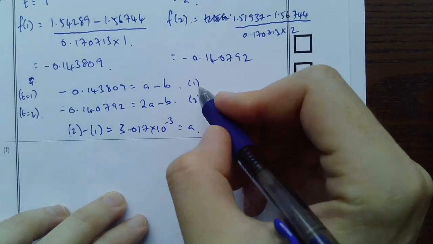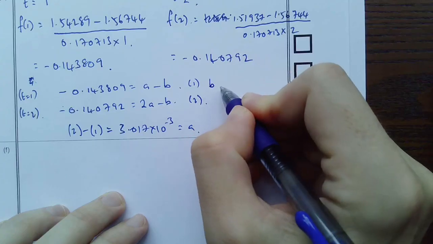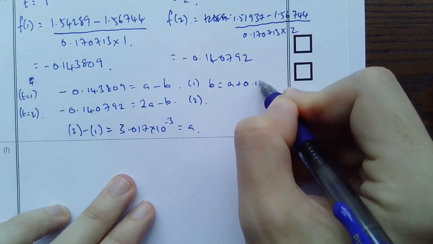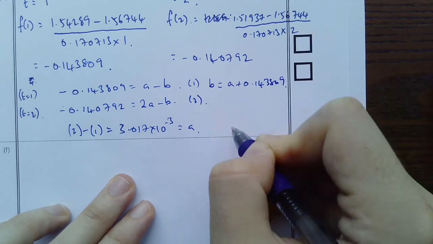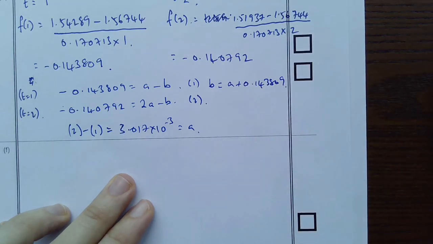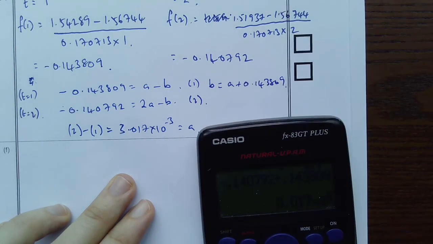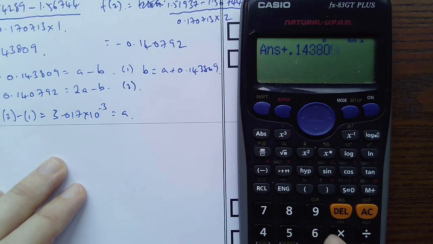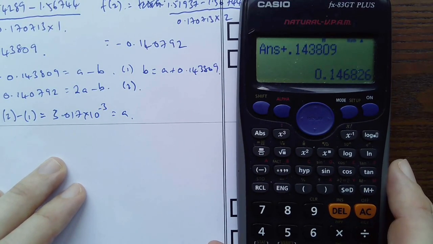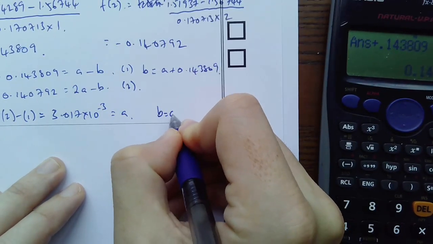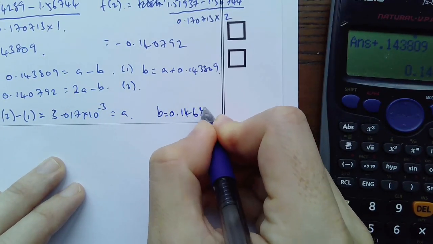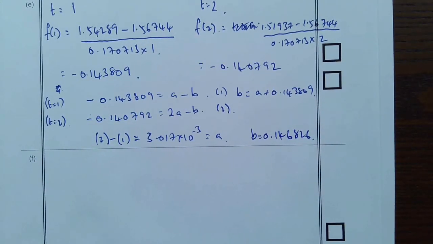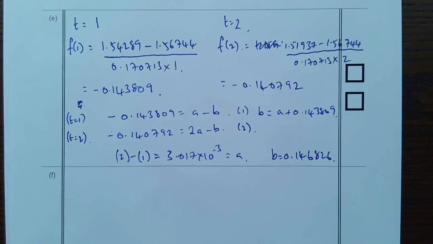Well, I can write from here that b equals a plus 0.143809. So b is 0.146826.